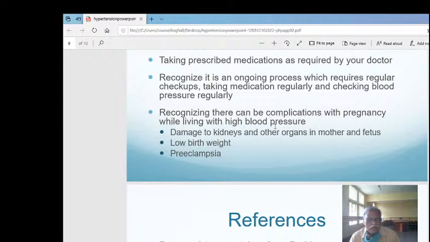And remember, the damage to the kidneys and other organs in mother and fetus has to be evaluated.